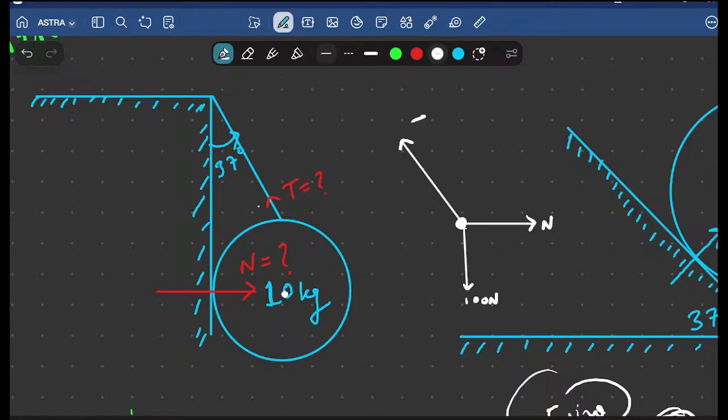If this is T tension, now tell me, the tension is making 37 degrees from here. So I'm drawing a few lines. Just cooperate with me.